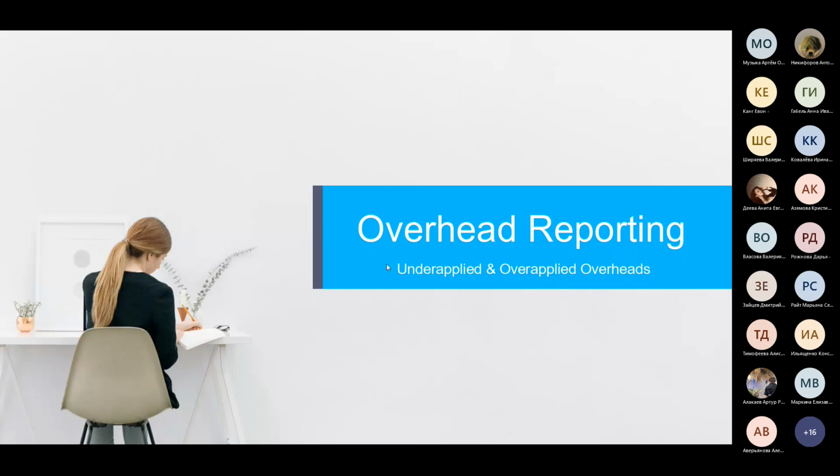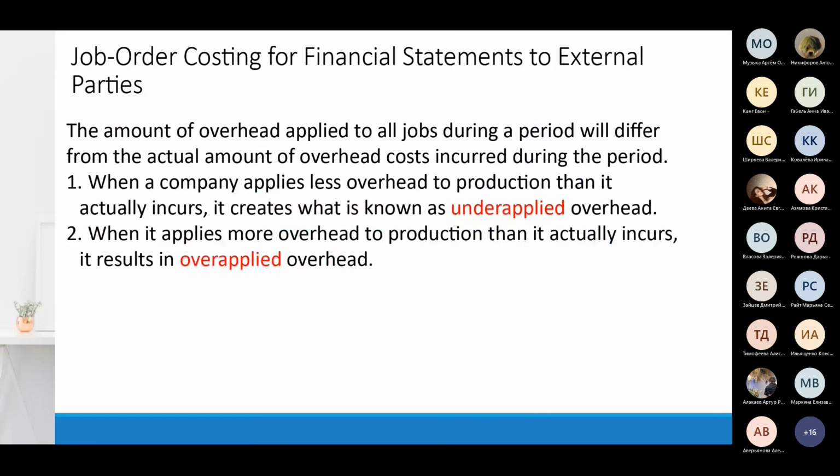So when we report our values, we should take into account the idea of under-applied or over-applied overheads. Job order costing for financial statement to external parties may also include those amounts that are known as under-applied overhead or over-applied.